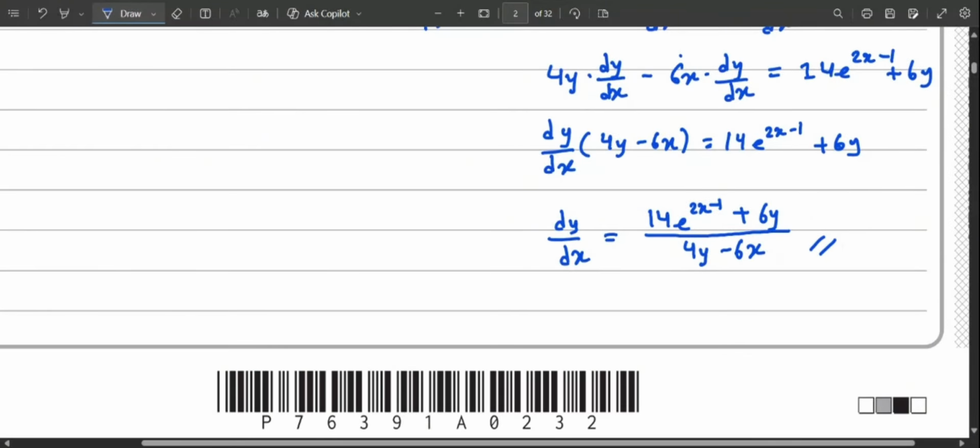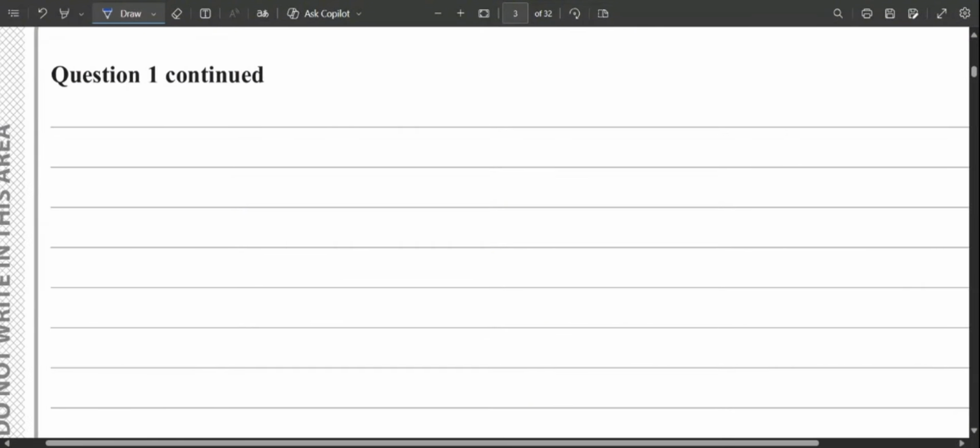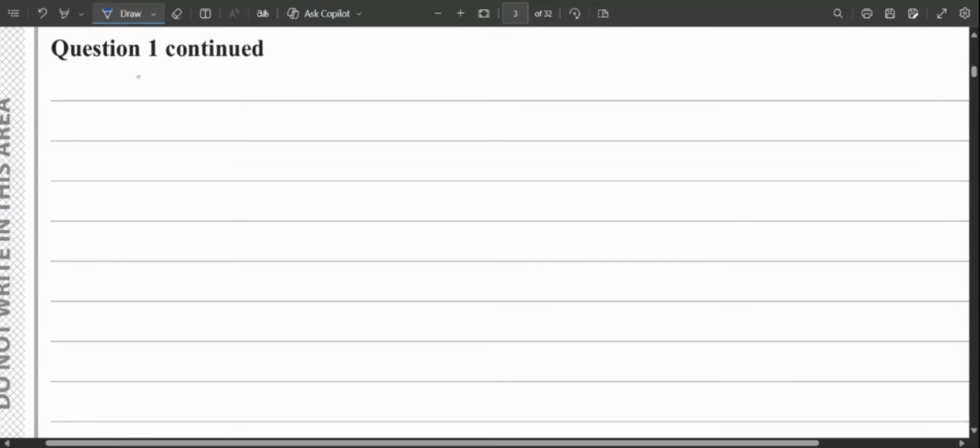This expression gives us the gradient of every single point on our curve. Now we will use this expression together with the coordinates of P to find the gradient of our curve at point P. So now we can say that at P, x is equal to half and y is equal to 4.